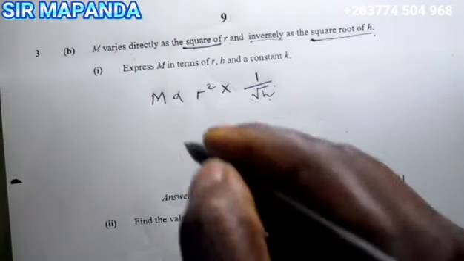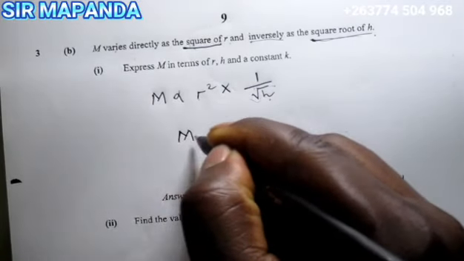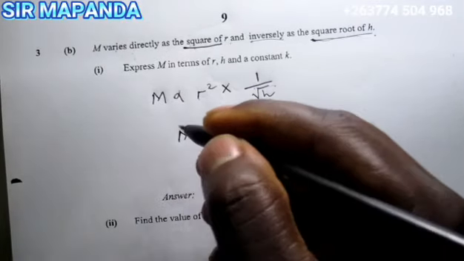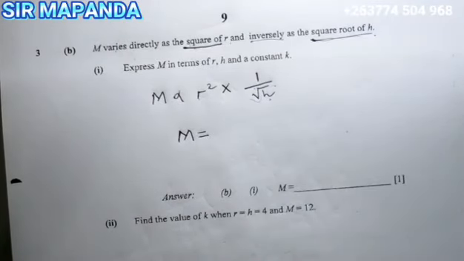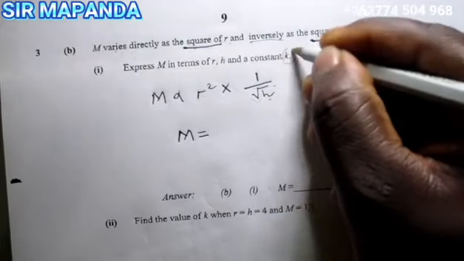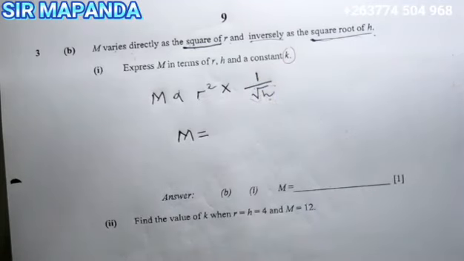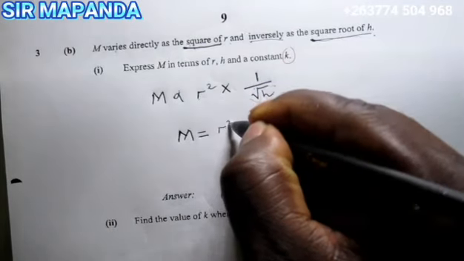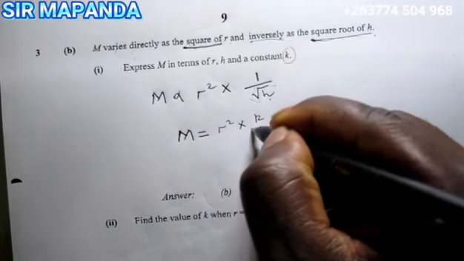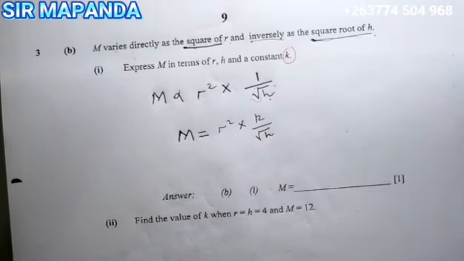So you now need to remove the variation sign and replace it with the equal sign. But that process requires you to multiply the right side with the constant of proportionality. And in this question, the constant of proportionality is k. So this k multiplies 1. So you'll be having r squared times k over root h.